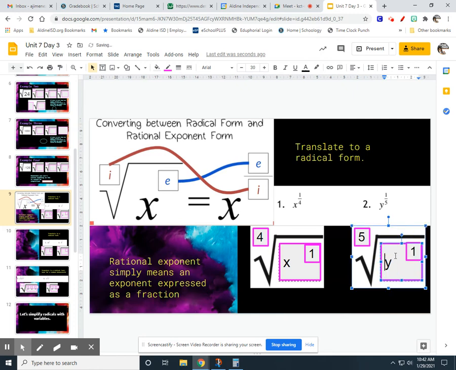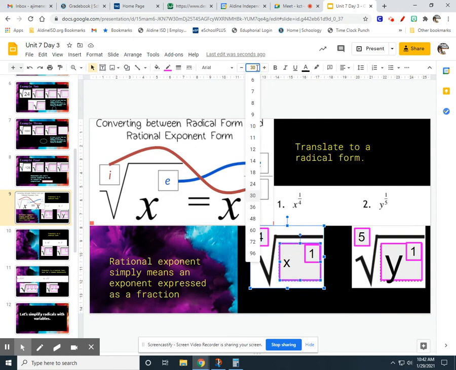Let's try to make this a little bit bigger because it's really small compared to the exponent. It doesn't even look like an exponent. All right, so we're going to practice writing those from the rational exponent to the radical form.